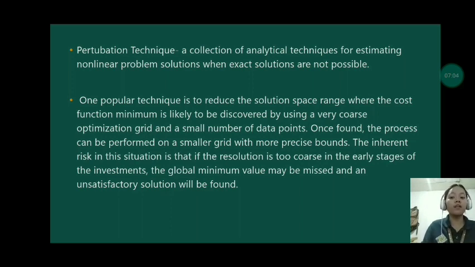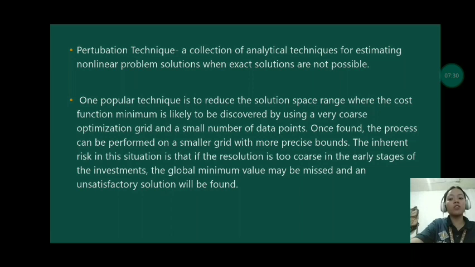So one of the common methods is to use a relatively coarse optimization grid and a small number of data points to narrow the solution space area where the cost function minimum is likely to be found. Then, after it is discovered, the procedure can be carried out on a smaller grid with more exact limits.